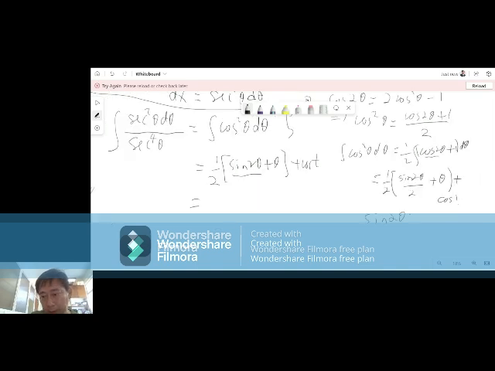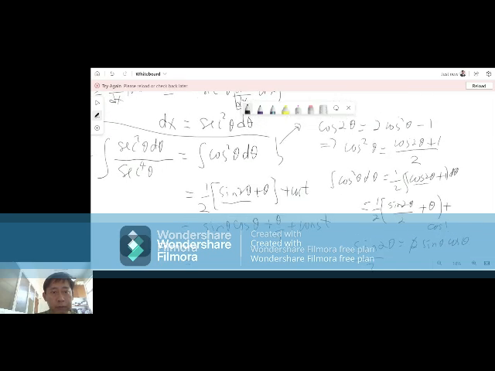Sine 2 theta is 2 sine theta cos theta. So if you divide this by a factor of half, then this will be cancelled off. So you get sine theta cos theta plus theta, times a half. We can further simplify sine theta and cos theta into the variable x.